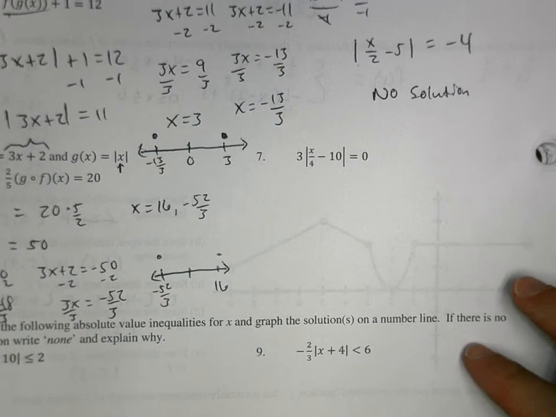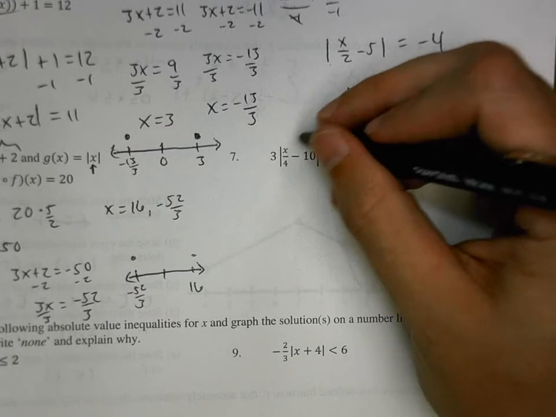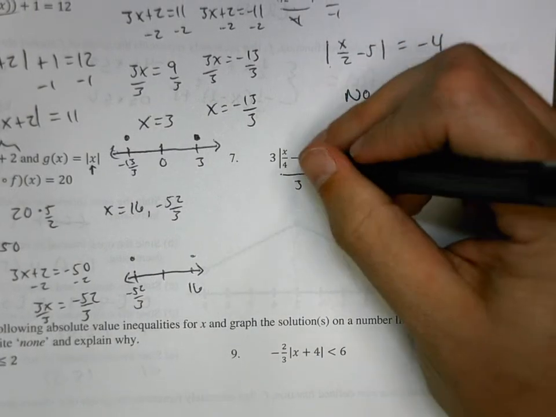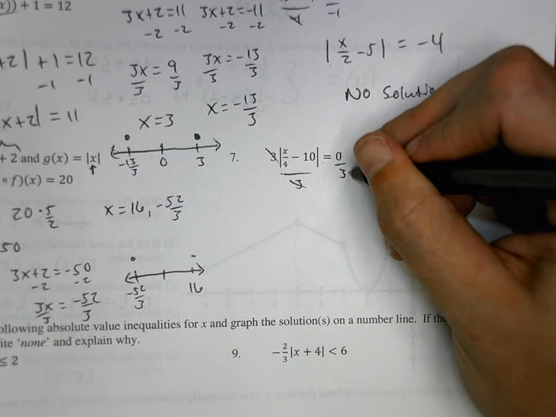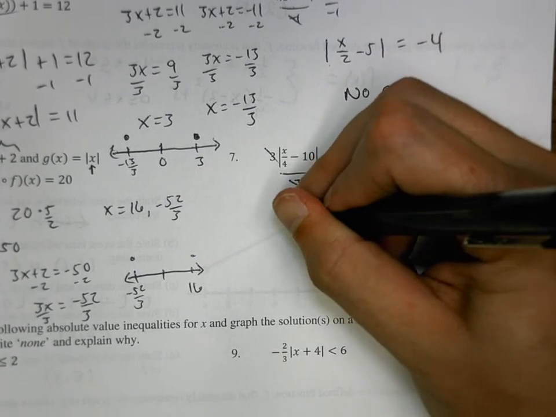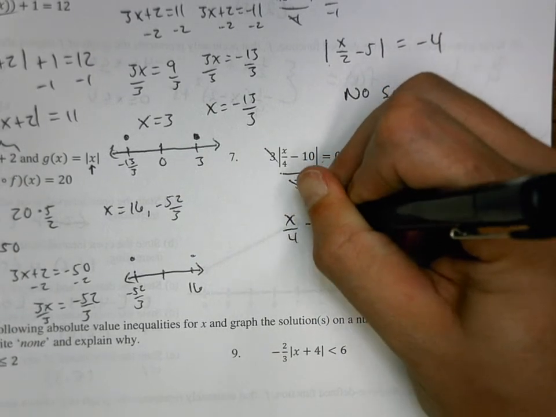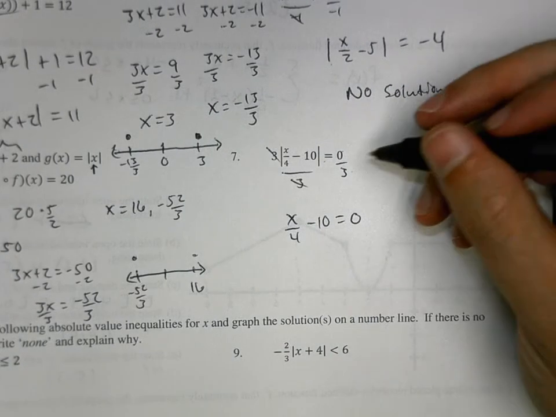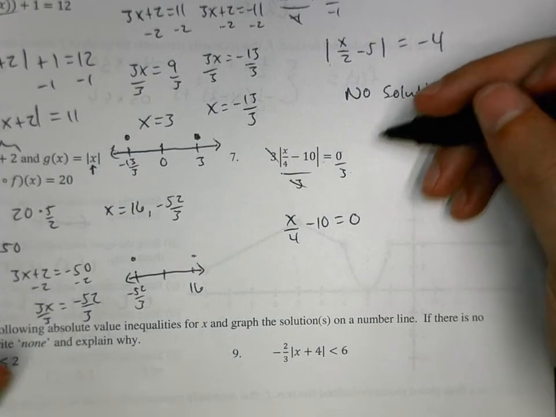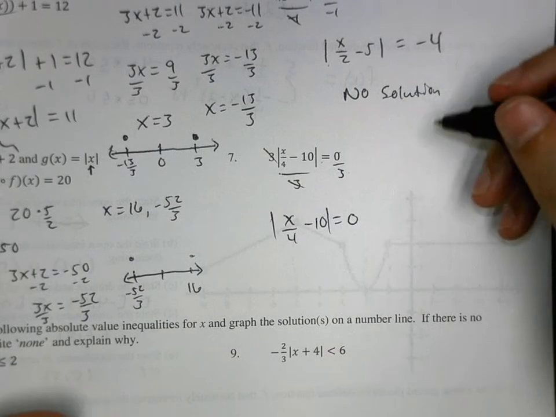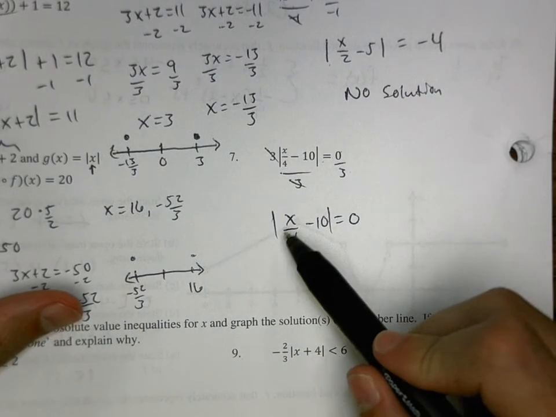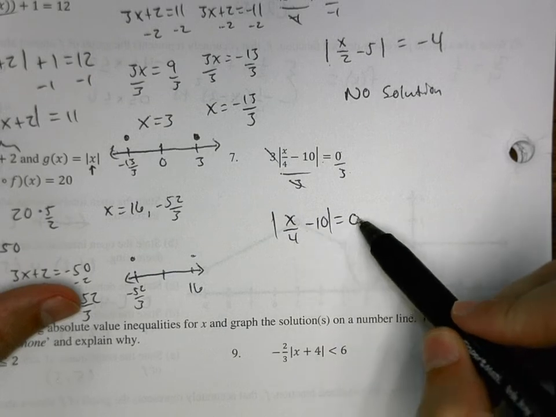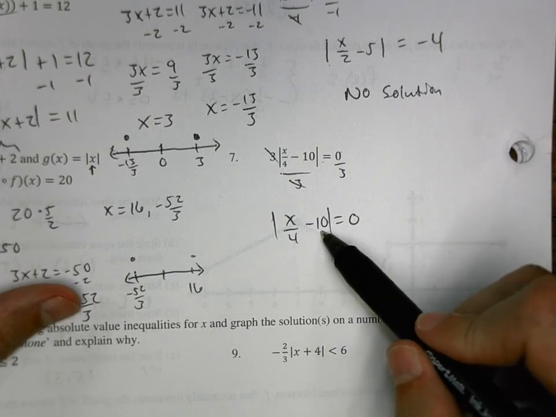For number 7, first things first, get absolute value by itself, divide both sides by 3. And 0 divided by anything is just 0, so this is x divided by 4 minus 10 equals 0. And we don't need to split this up into two problems, because if we were, we'd get x over 4 minus 10 equals positive 0, and x over 4 minus 10 equals negative 0.